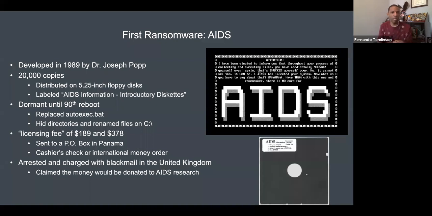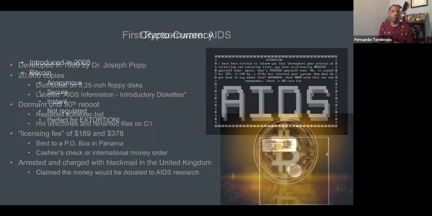A cashier's check certainly makes sense, but we may not see that type of tactic being used today. Now, this guy was ultimately arrested in the United Kingdom, and he tried to claim that the money he got from it was going to be used for AIDS research, which it was not. So while minute in nature, this was the first instance of ransomware.